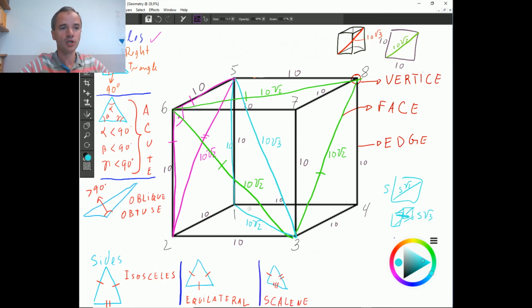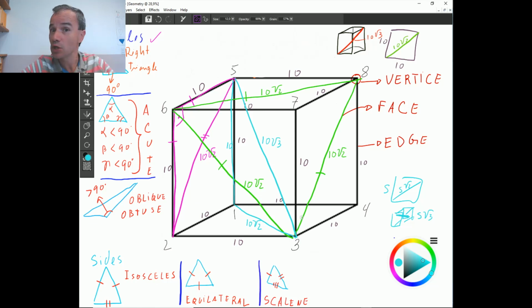Now, look, this triangle in here. It doesn't have any side equal. Why? Because segment 1, 5 is 10. Now, segment 1, 3 is 10 square root of 2, because it is the bottom face diagonal. And what about 5, 3?